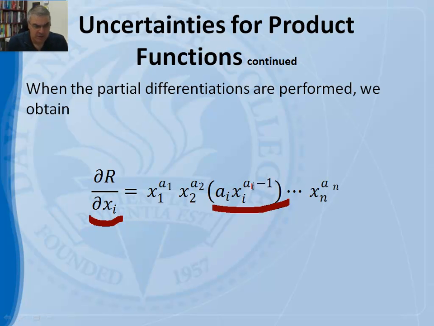When we differentiate, the power would be multiplied by the variable, and the power of the variable would be whatever it was minus 1. Again, it's pretty straightforward. If you look into any calculus book, it should give you that. It's really not that complicated.